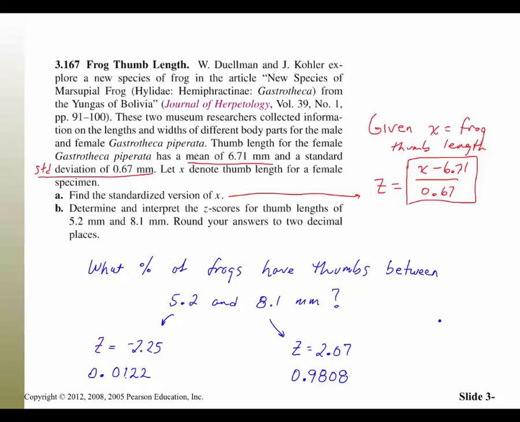Okay, and so then this is all the area to the left of 2.07. This is all the area to the left of that. So the area between them, you subtract, right? What is it?